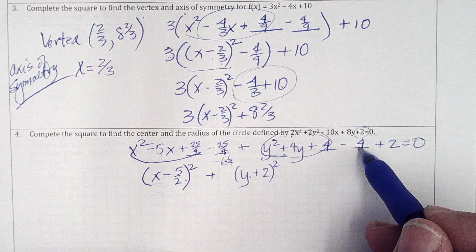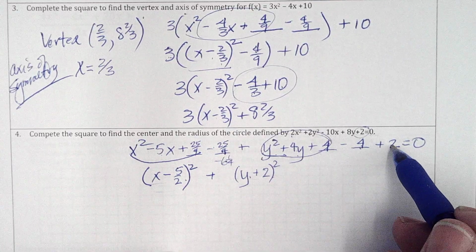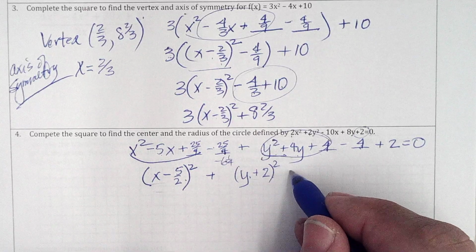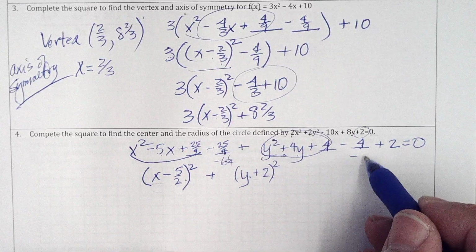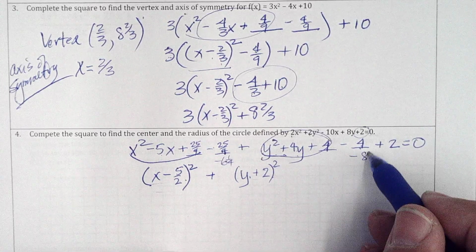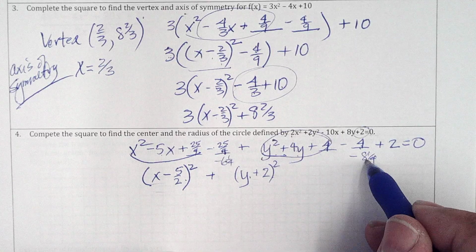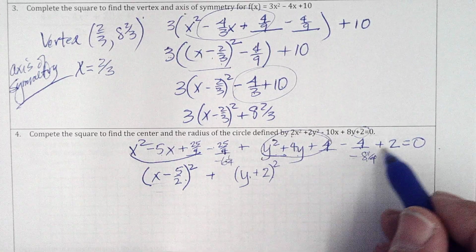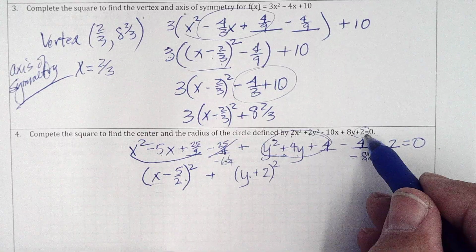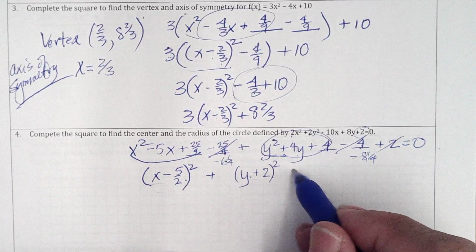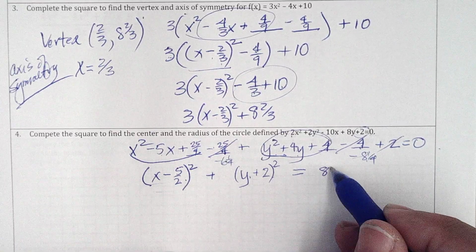Minus 4 is negative 10 1/4. Plus 2 is negative 8 1/4. So I'd add 8 1/4 to both sides to get rid of this, this, and this. So it equals 8 1/4.